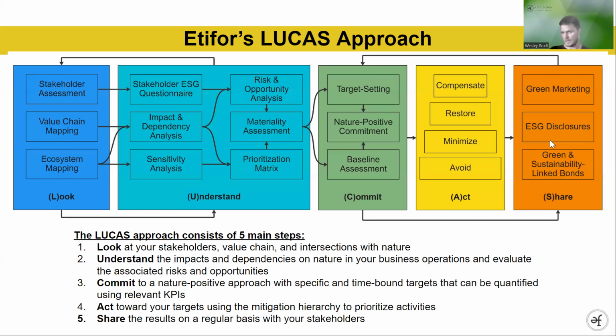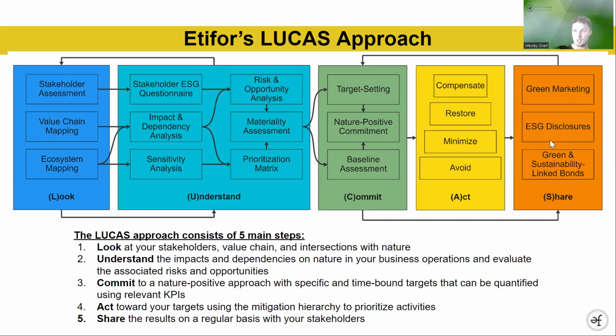Then, as I covered before, you commit to a nature positive approach, you set these specific and time-bound targets, the KPIs, et cetera. And then you have the act phase, where you act using the mitigation hierarchy to prioritize your approach and the activities you engage in. And finally, once you've covered all of these aspects, you share the results on a regular basis with your stakeholders.